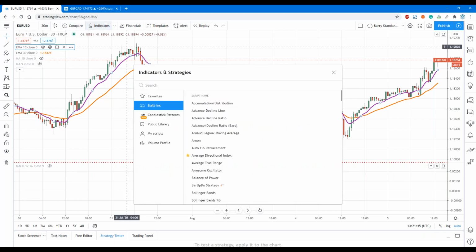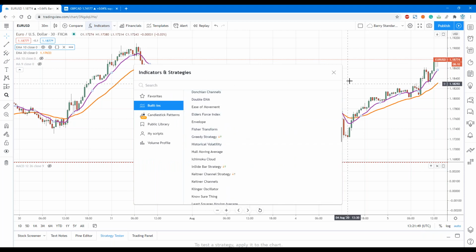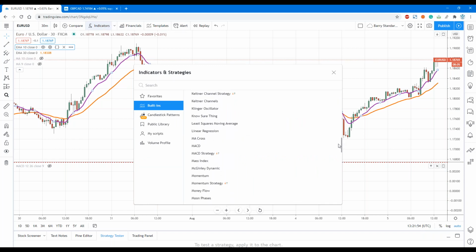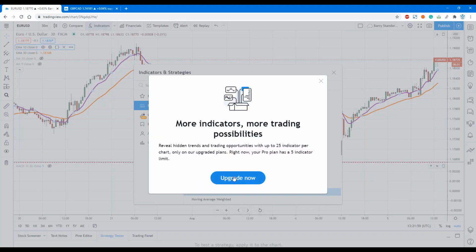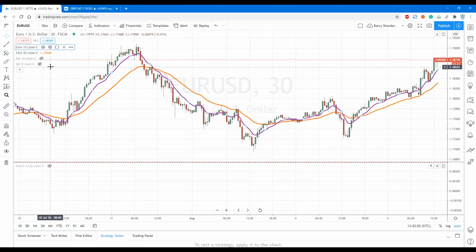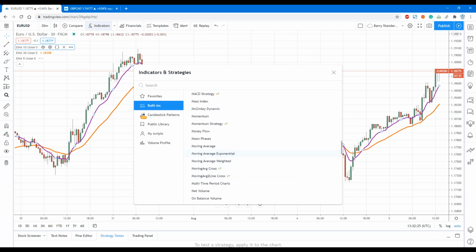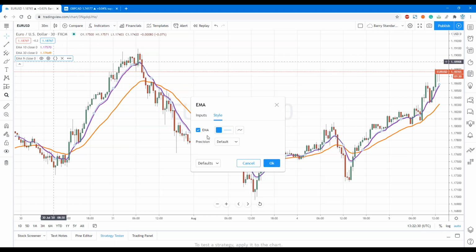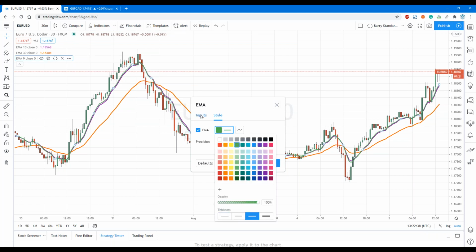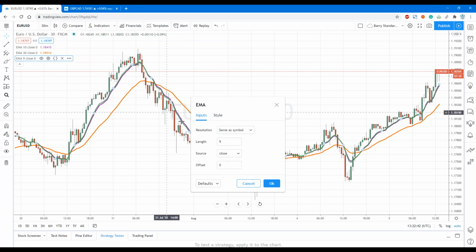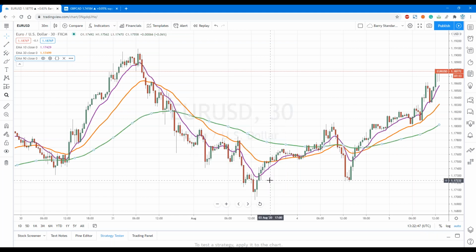let's add another one, indicator, EMA. Okay, so we could use a 10, a 20, we're using a 10, a 30, and say a 90 moving average.